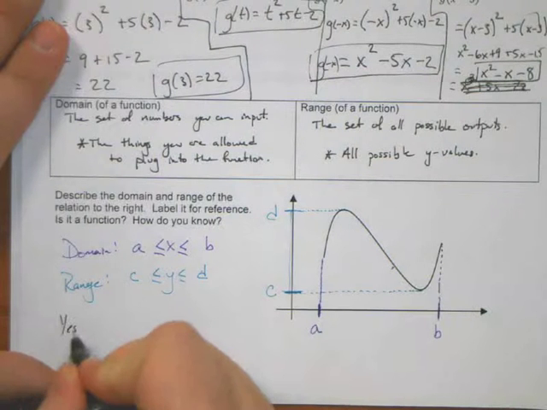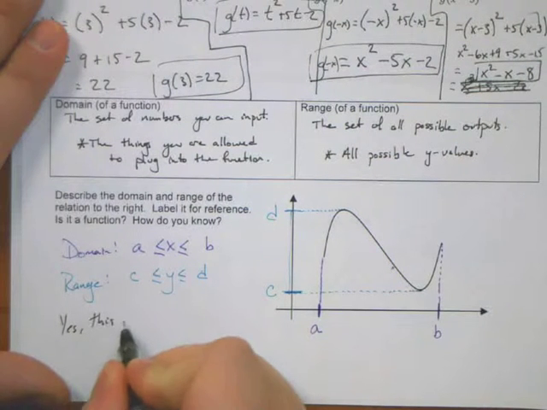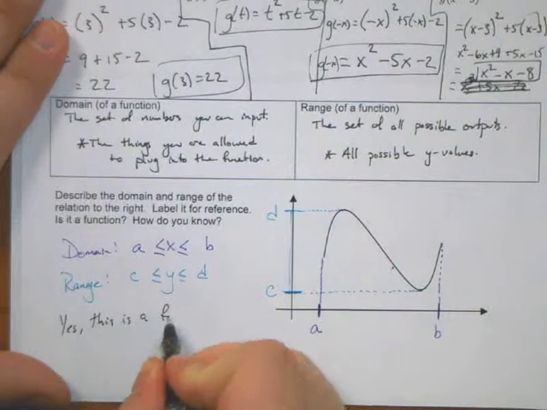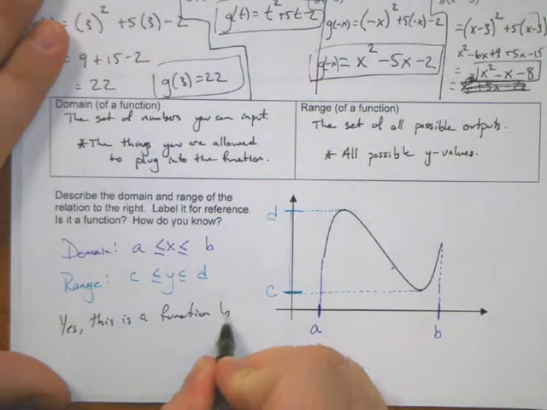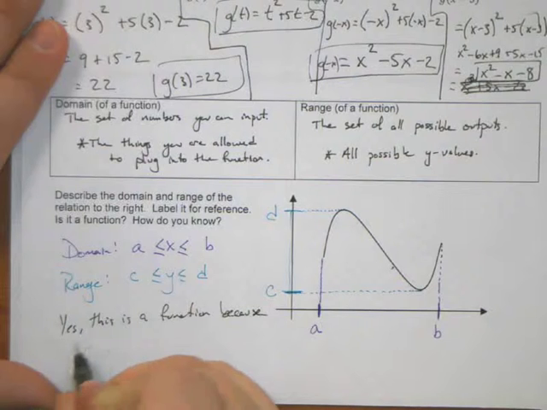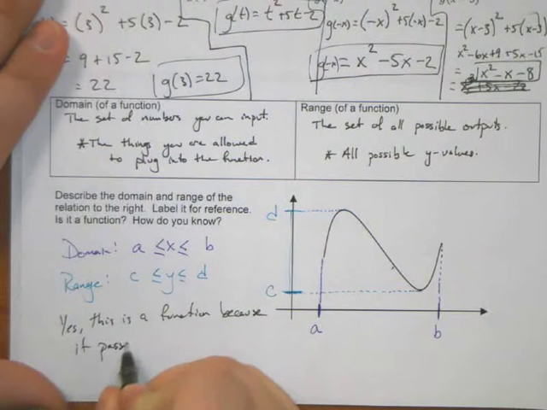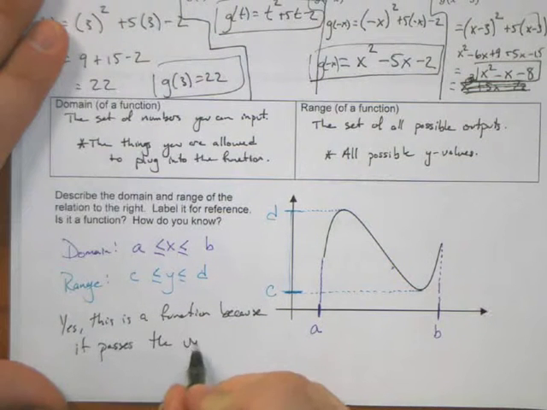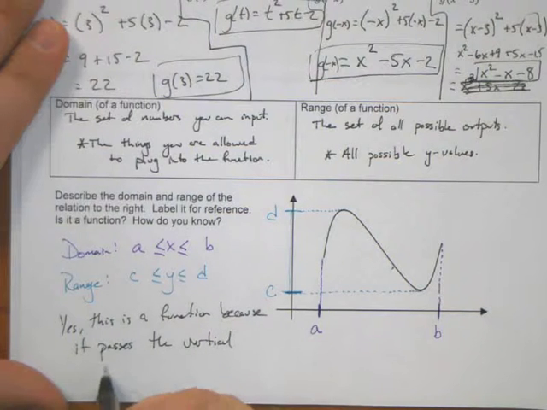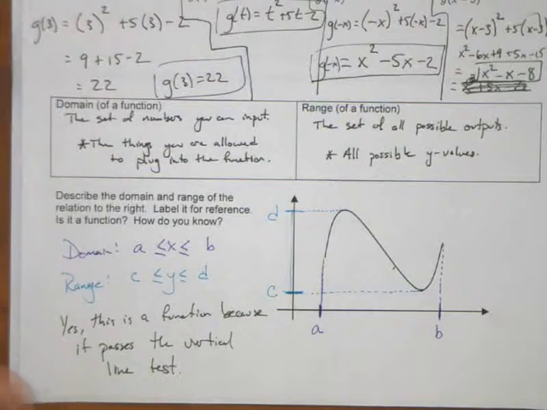So I'd say yes, this is a function because it passes the vertical line test. Have you seen the vertical line test before? At least heard of the thing? I hope. I think we talked about it in Algebra 1. I don't remember off the top of my head, but I think so.